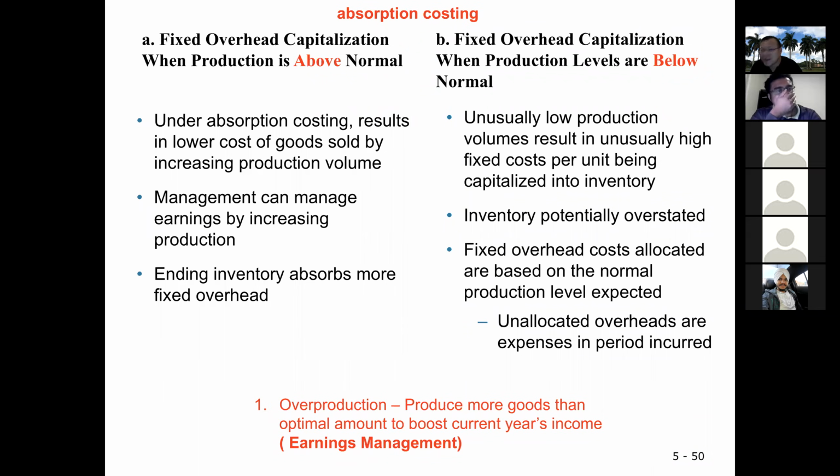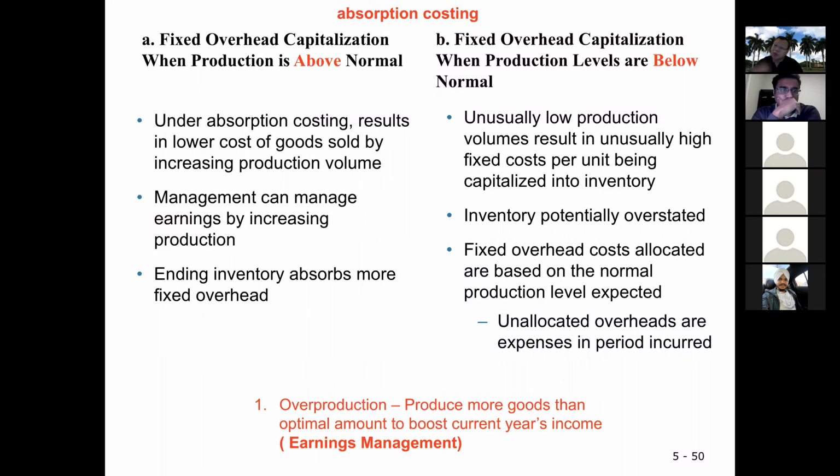So suppose normally a company produces 1,000 units of an item every year. We consider this the normal production level. What happens if the company produces 2,000 units? That's the first scenario, when the production level is above normal.